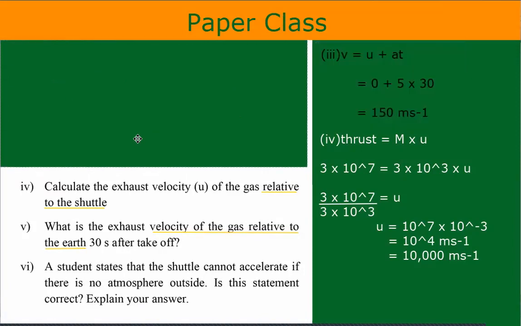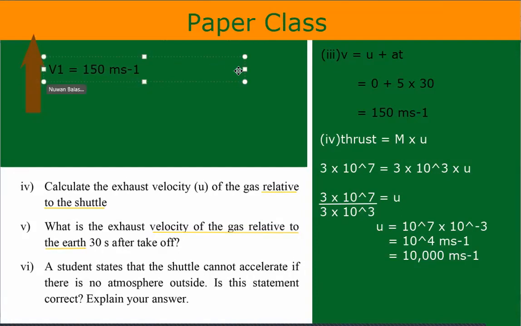Then the next thing is the velocity of the exhaust gas relative to the rocket. Listen there. Let me use a different color for the rocket. If this is the rocket, what is the velocity of the rocket, dear? 150 meters per second, right? This is the velocity of the rocket after 30 seconds. What is the velocity of the exhaust gas relative to the rocket?